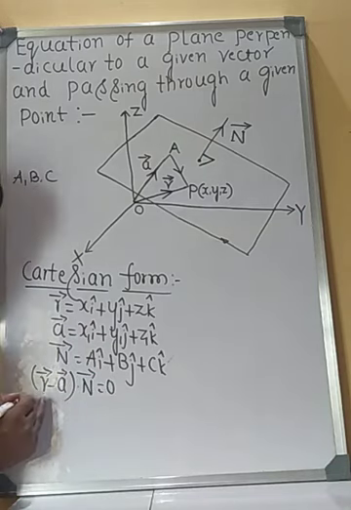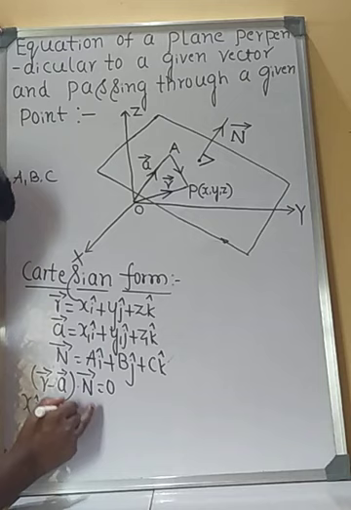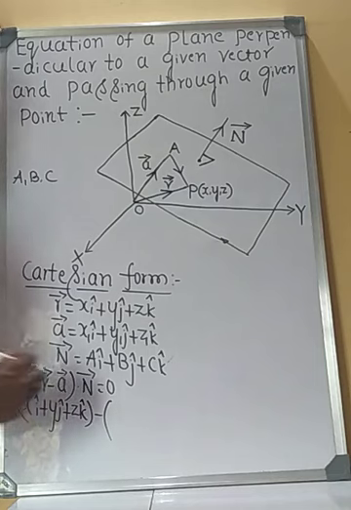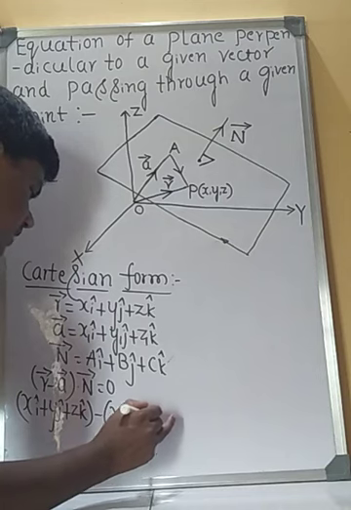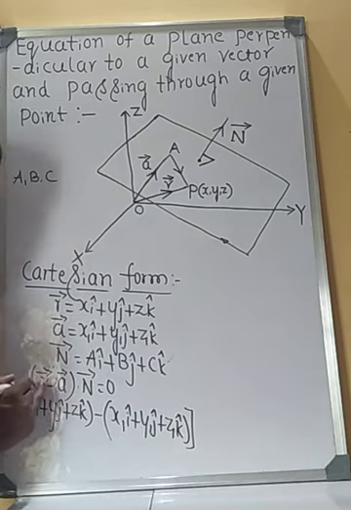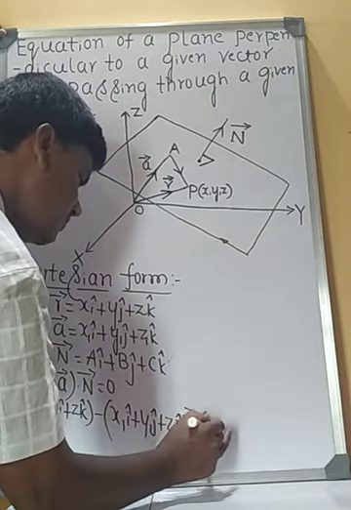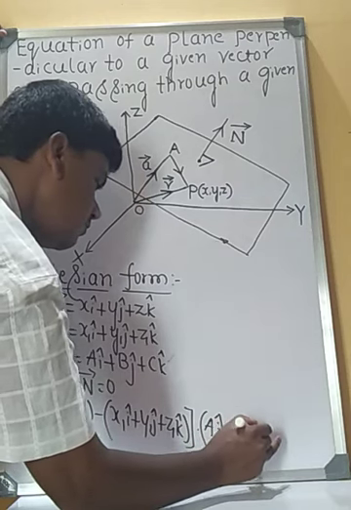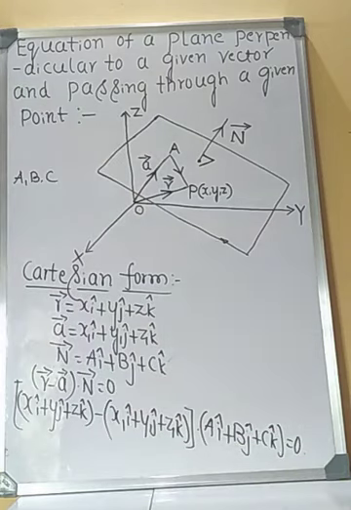What is r vector? xi plus yj plus zk minus a vector, x1 i plus y1 j plus z1 k, dot n vector, that is ai plus bj plus ck, is equal to 0.